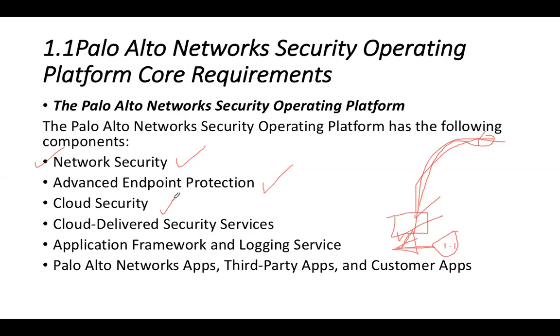Cloud delivered security services. What does that mean? What all services does the cloud deliver, and that to the security services. For example, encryption: what encryption algorithm are we using to encrypt our packet?